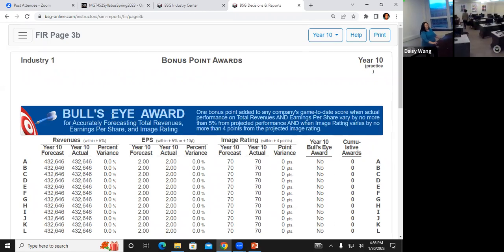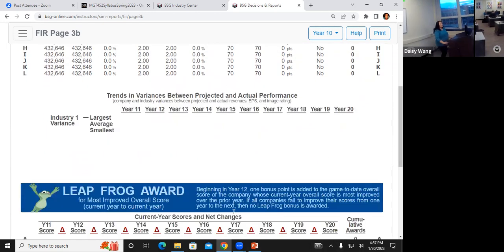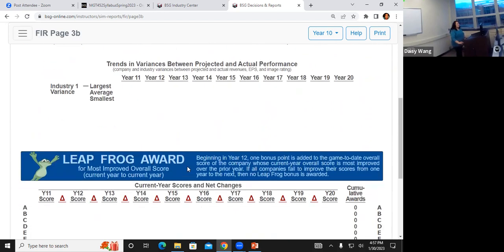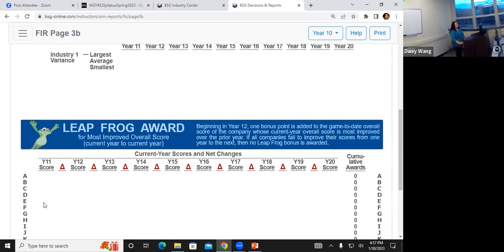So whichever company can do that will get that. There's no limit, but then the next is the Leapfrog. So year 11, no one will have that, but for year 12, if your score improved the most, you will get the Leapfrog Award.